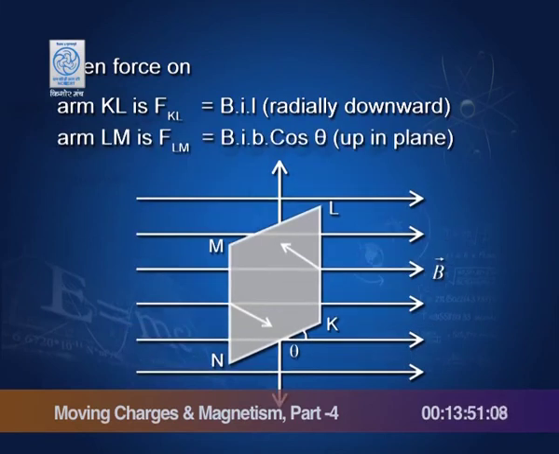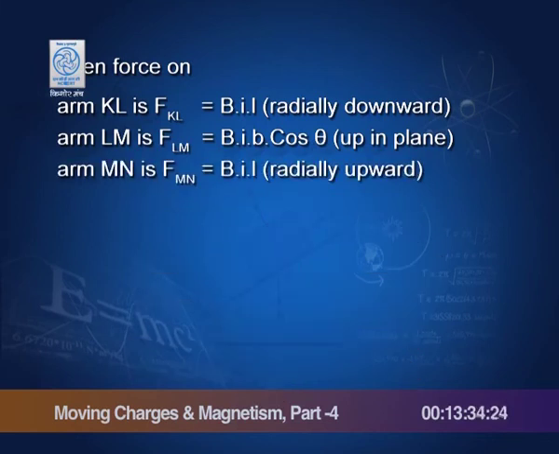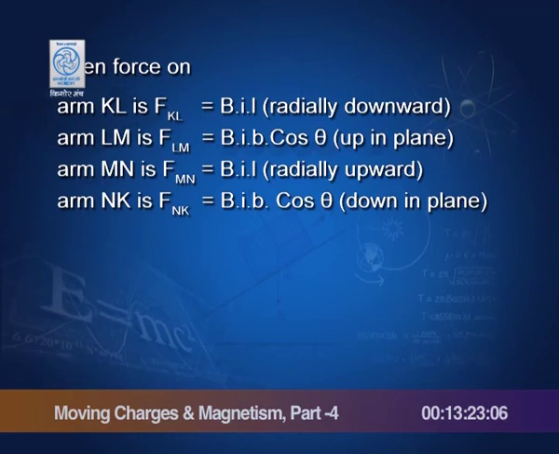Force on the arm LM is F_LM equals BIb cos theta. Once again, according to Fleming's left hand rule, the magnetic force will be upward in the plane of the paper. Now, the force on arm MN is F_MN equals BIL. Fleming's left hand rule gives us the direction which will be radially upward. And arm NK is F_NK equals BIb cos theta.